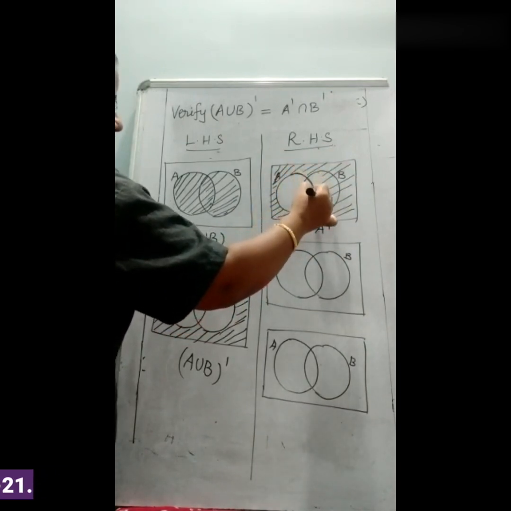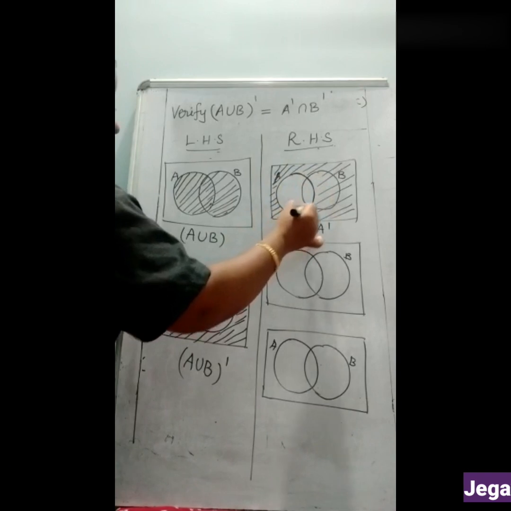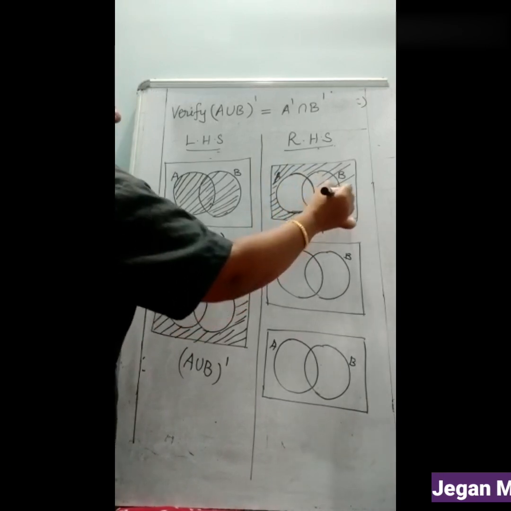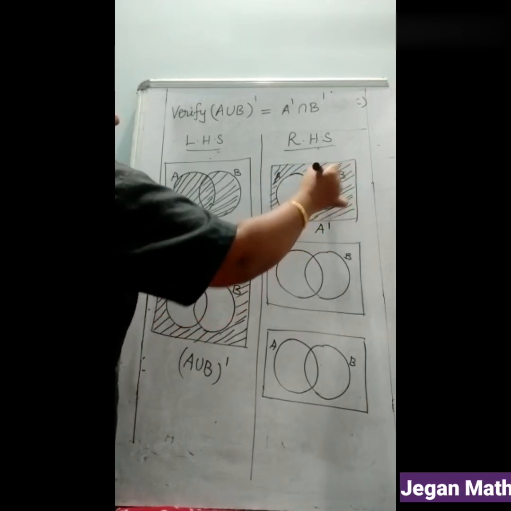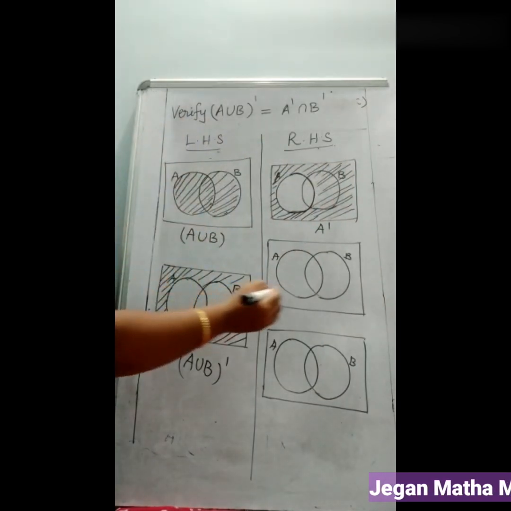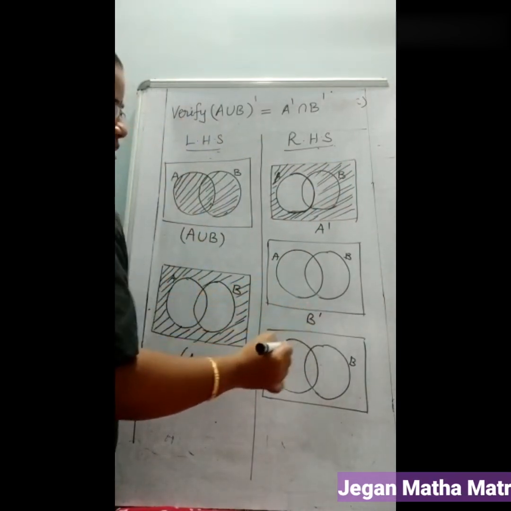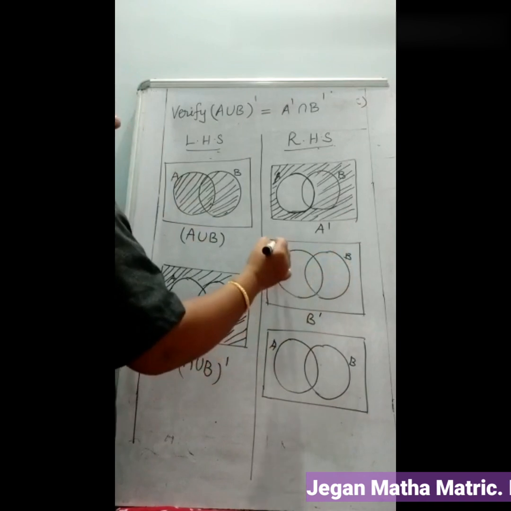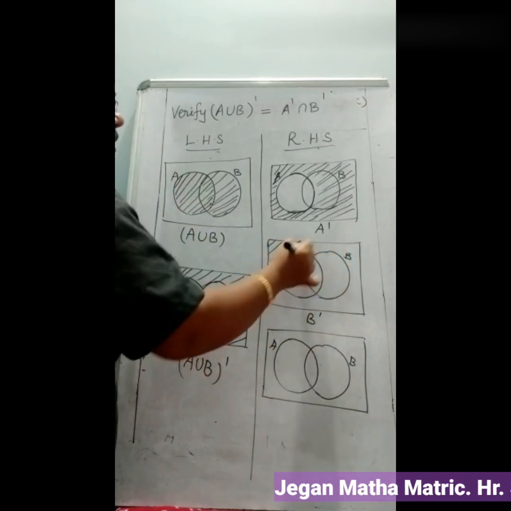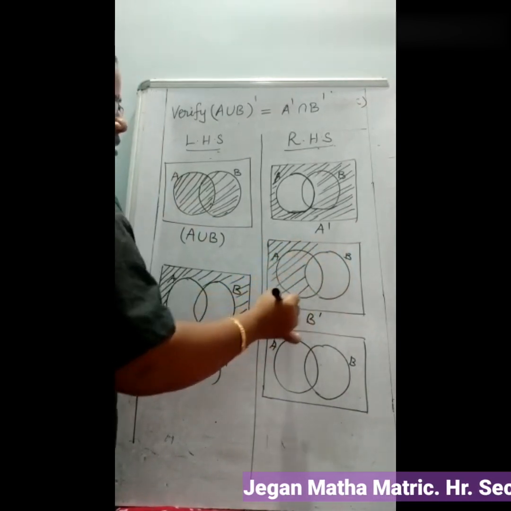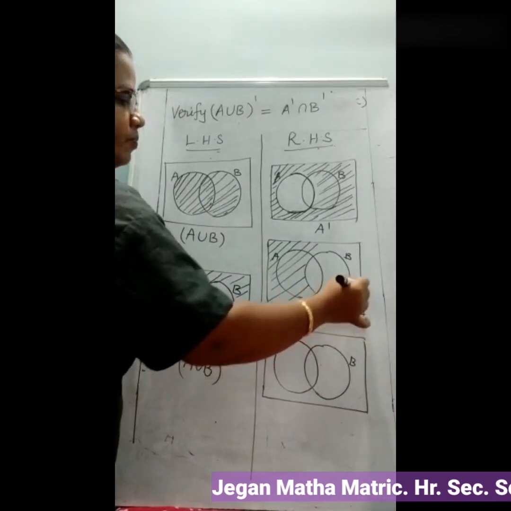Don't take this A part. Without A, you have to shade like this. This is A dash. And then this is for B dash. So except B, the remaining parts you have to shade like this. This is B dash.